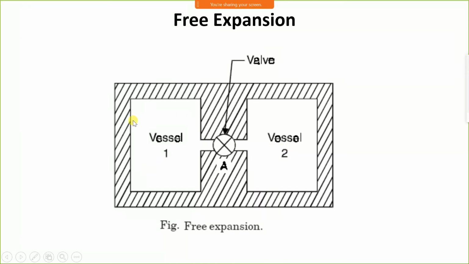Since there is an expansion, work should be done, but since it is a control volume, the volume remains the same. Since the volume is the same, there is no work done.